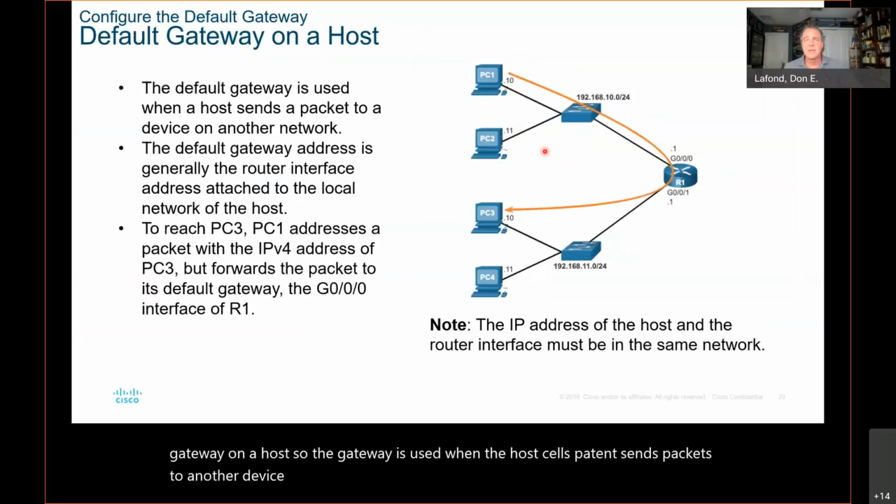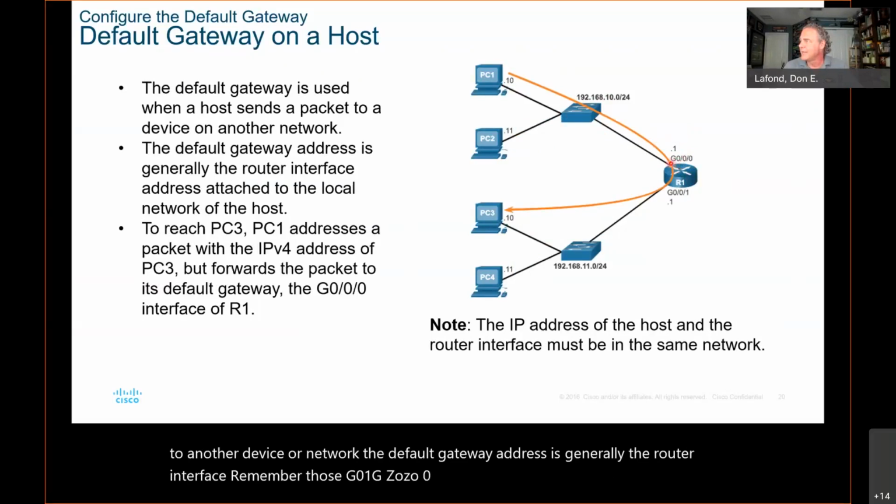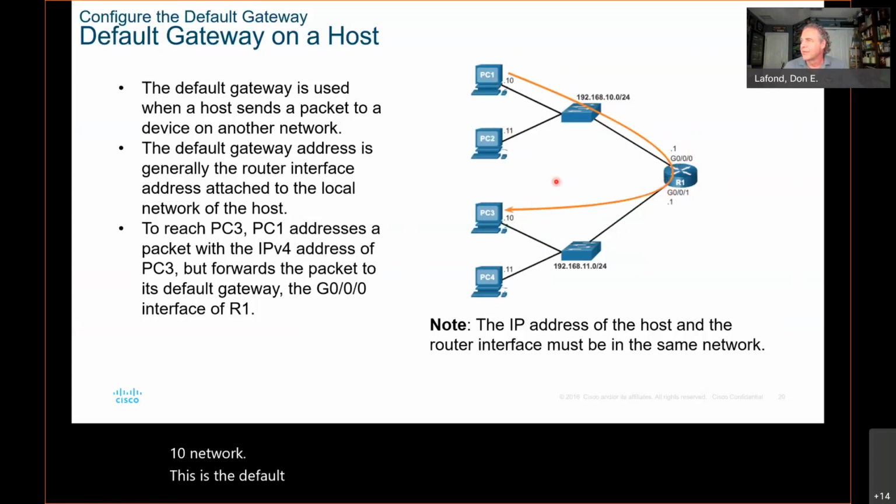The default gateway address is generally the router interface. Remember those G0/1, G0/0 interfaces? 10.1 is the default gateway for the 10 network. This is the default gateway for the 11 network, right?